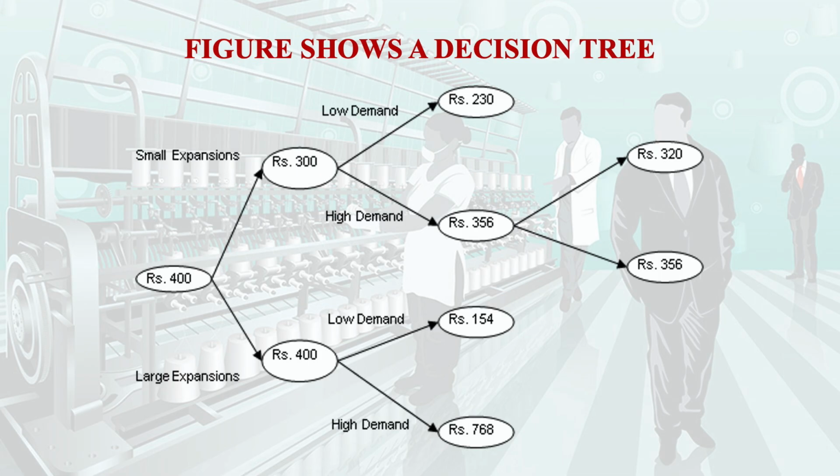So when we want to solve this type of problem, we start from the right hand side and we come from the right hand side to the left hand side, and we will focus on the two alternative costs for the restaurant owner, and then we will decide which alternative is costing more, and then we will select the optimum decision.